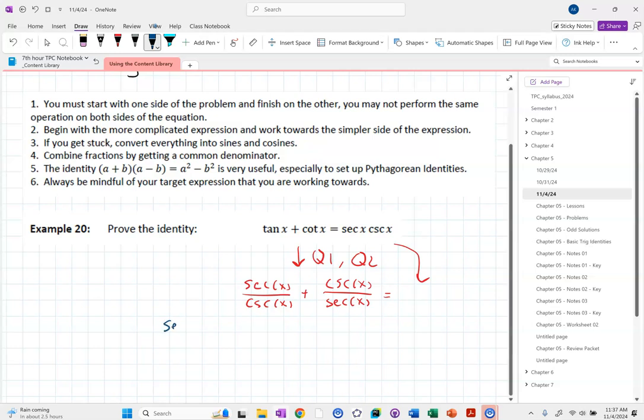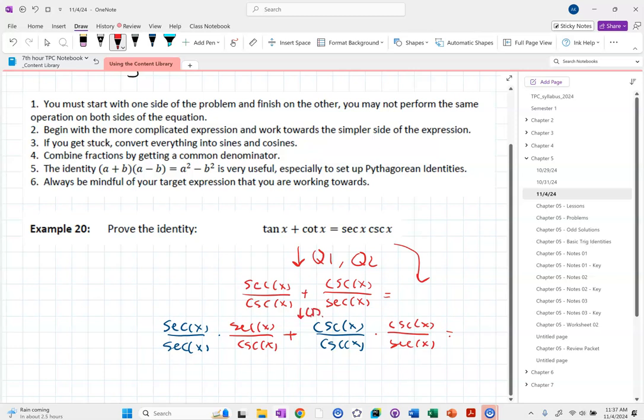So I'll take the first fraction and multiply it by secant over secant. And I'll take the second fraction and multiply it by cosecant over cosecant. So I just made a common denominator there, so I'll just write CD.